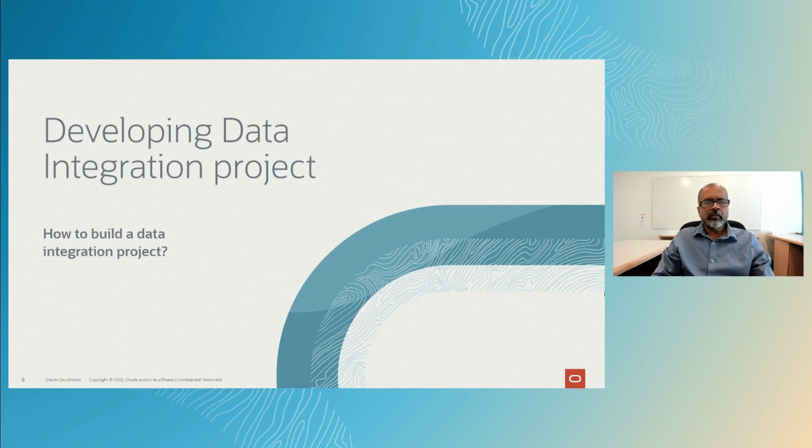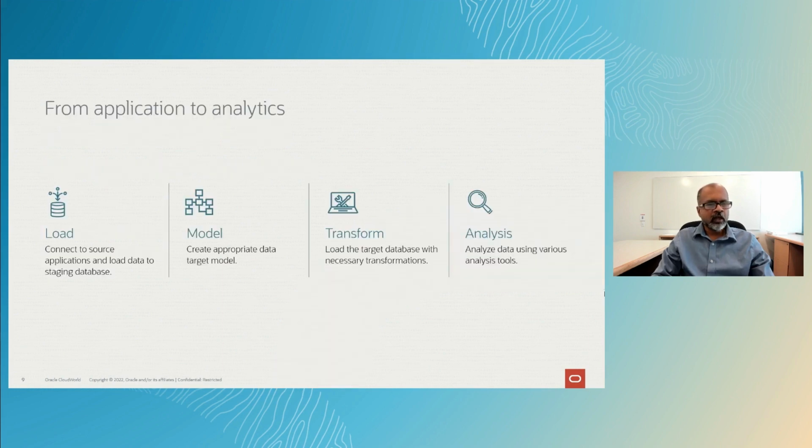Now, when you are building data integration projects, let's look at the different tasks, which correspond to the different steps we just saw in the picture. You have the load part, where you are loading data from various sources, and these load components will be different for different sources, because different sources need different mechanisms to extract the data and load it into a staging database.